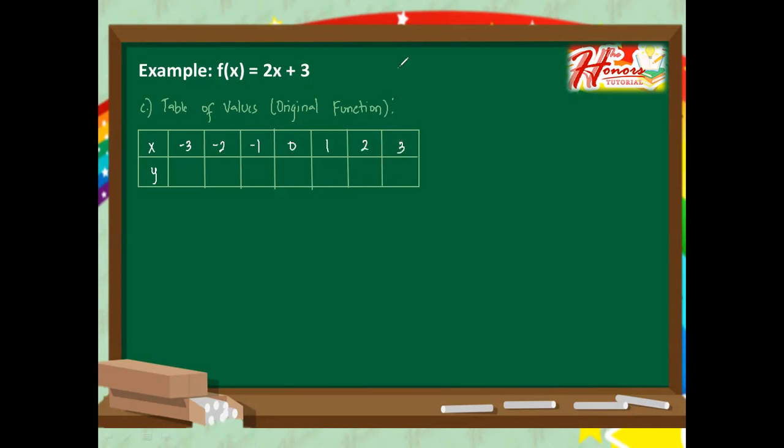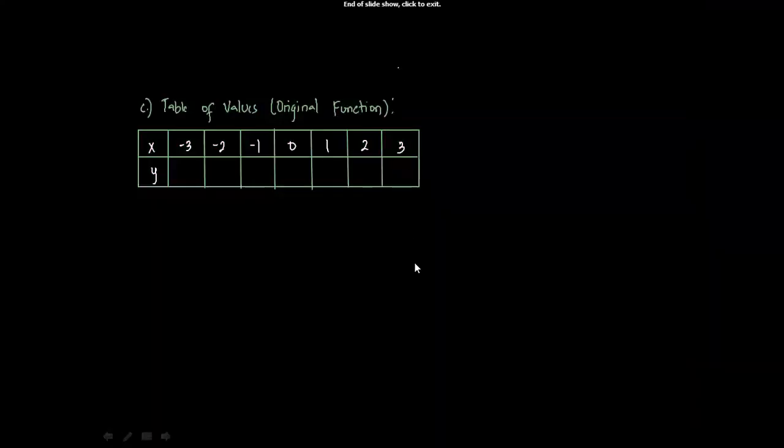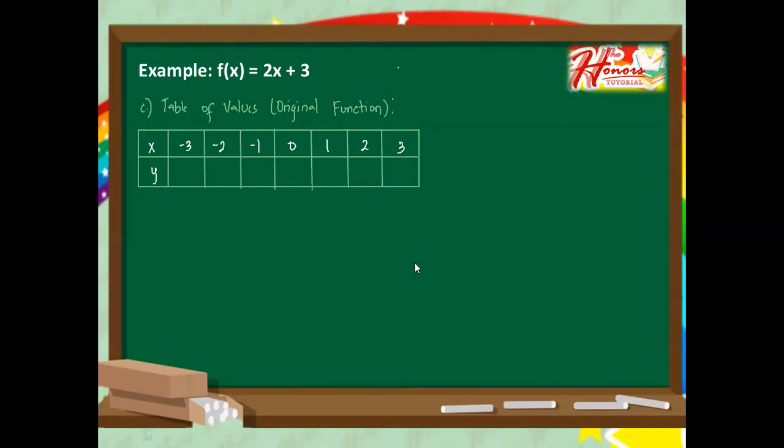For table of values for the original function for x, you can choose any of the numbers on the number line that you want to. But it is easier to use this, which is 0, 1, 2, 3, or 0, negative 1, negative 2, and negative 3. Some mathematicians use 0 up to negative 2 and 0 up to positive 2.